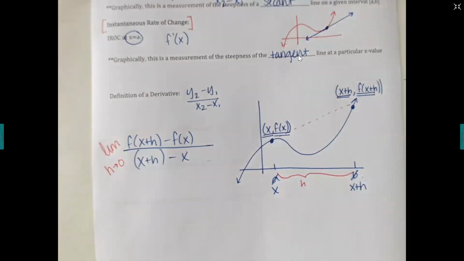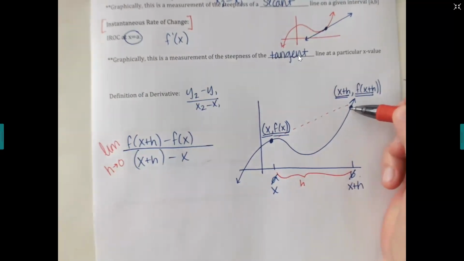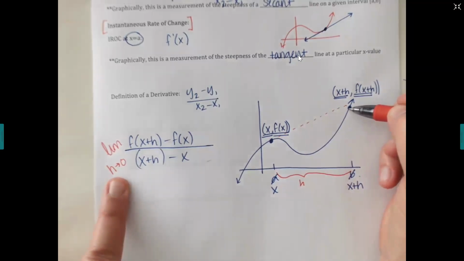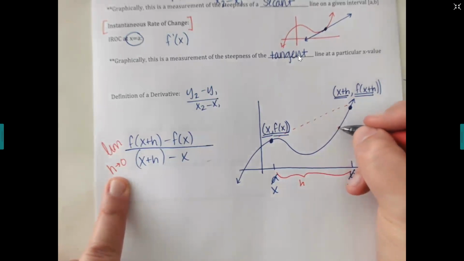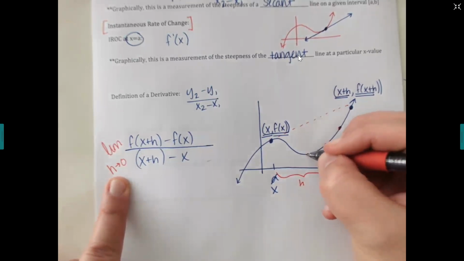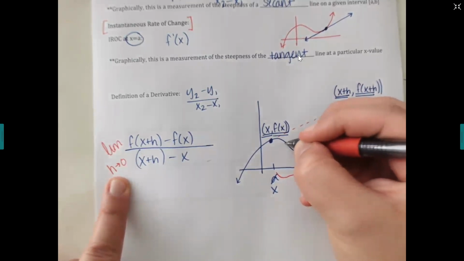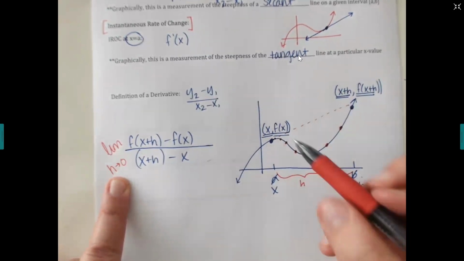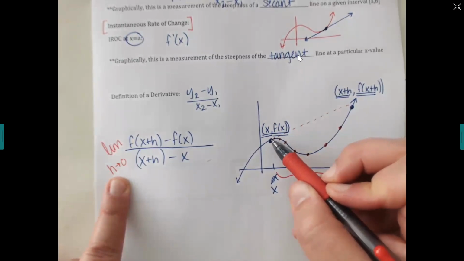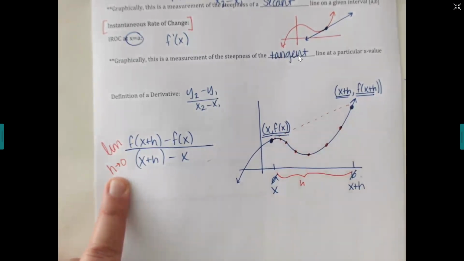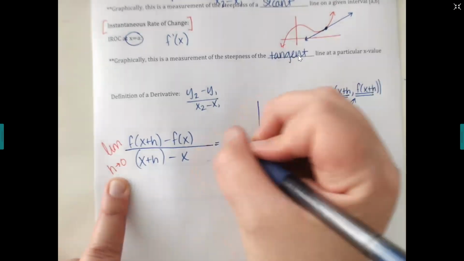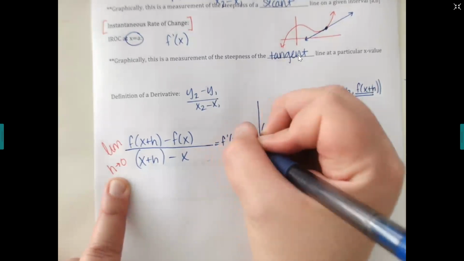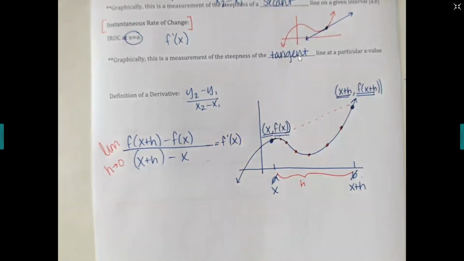Essentially what's going to happen is that you're going to take this second point, and as your h shrinks down to 0, this point is going to get closer and closer, until eventually the points will be so close to each other that it equals what your derivative is at that x value.